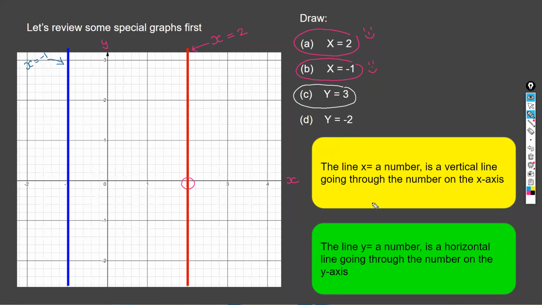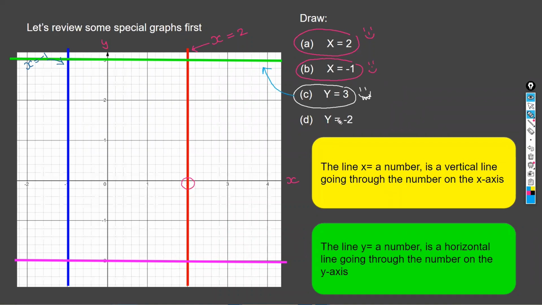A horizontal line going through 3. Right? So you will get this. That's the green line there. It's a horizontal line going through 3.